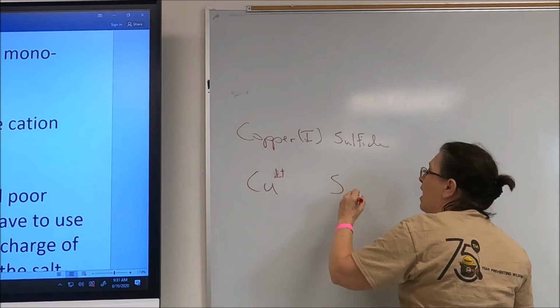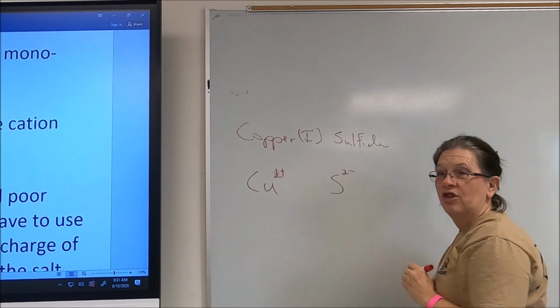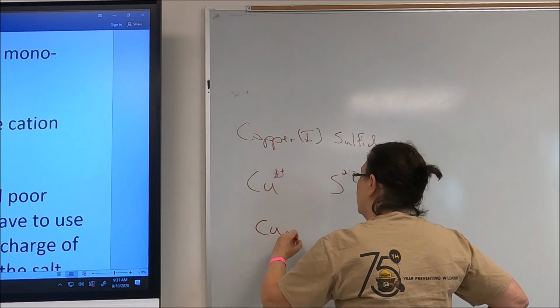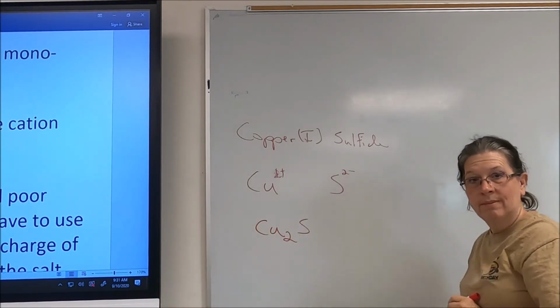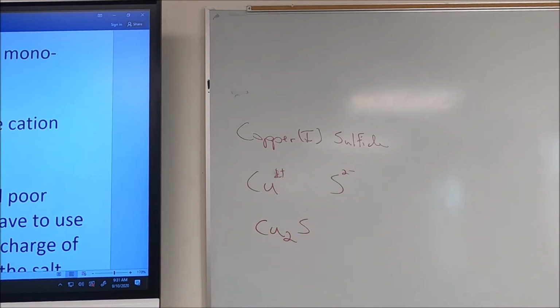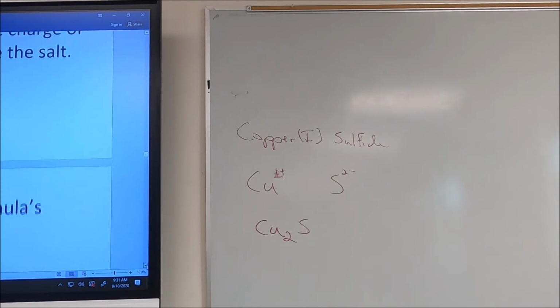Okay, sulfide is in the same family, sulfur is in the same family as oxygen, so -2. So it'd be Cu2S. Okay? So those are things that we need to pay attention to. Just be calm and slow when you're doing it. All right.